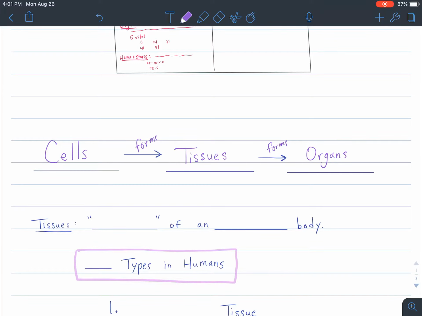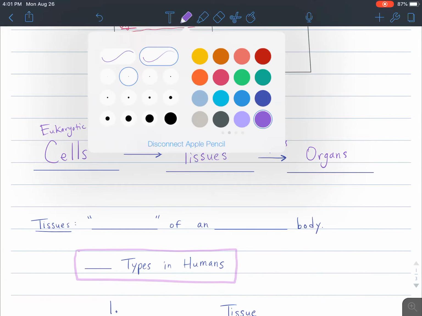Now, since we're talking about a multicellular organism, these are going to be eukaryotic cells. And that's important because these cells have a whole plethora of organelles, lots of different types of organelles that allow them to function.